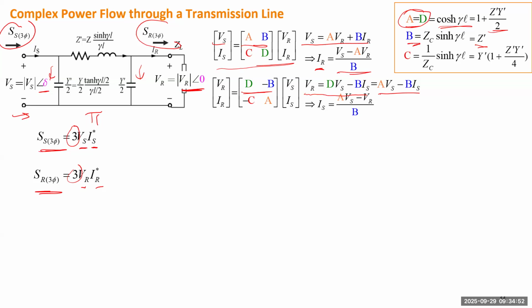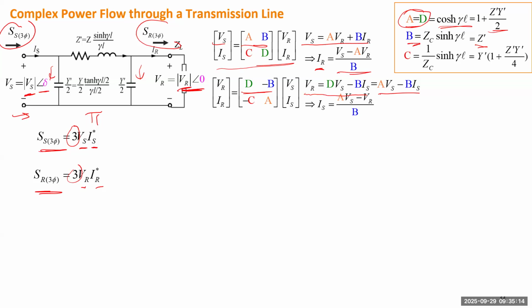So if you want to send positive active power from left to right, delta has to be positive, right? Delta needs to be higher than 0 in order to deliver active power from left to right. If you want to deliver reactive power from left to right, you need to have VS be higher than VR, right?